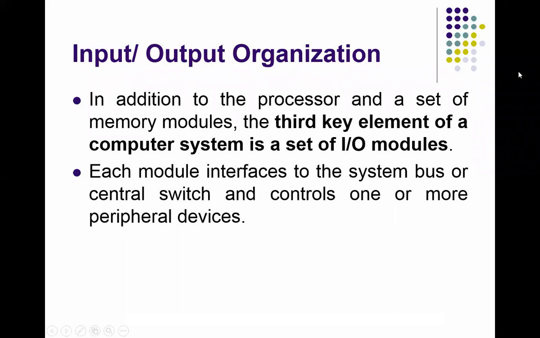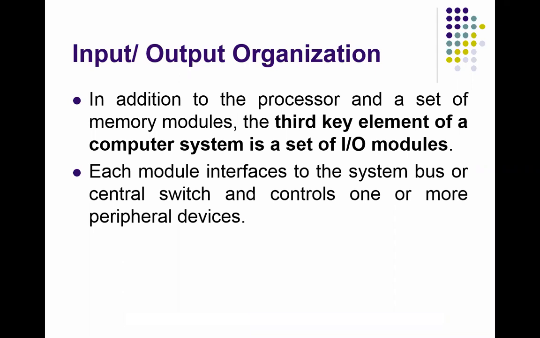So input output organization. As we have discussed earlier, in a computer there are multiple modules. Like there is a processor, and a set of memory modules we have discussed, primary memory and secondary memory, right? And we have seen how the processor executes the instruction, how the instruction is loaded, how even the operand is loaded, different operations are performed as per the instruction, and how the result is stored.